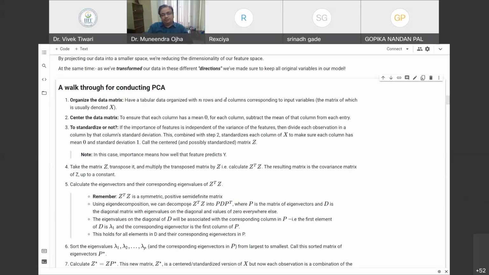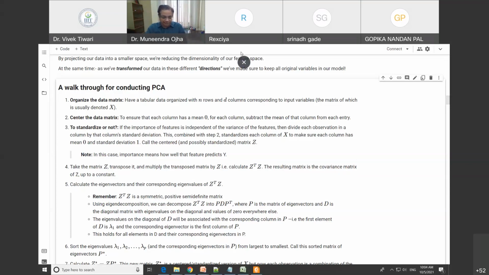Right. So we perform an eigen decomposition of this symmetric matrix. Eigen decomposition results in three components, P, D, and P transpose. Of course, two components, and the third one is the transpose of P. So the ZTZ matrix can be represented as P D PT, where P is the matrix of eigenvectors.